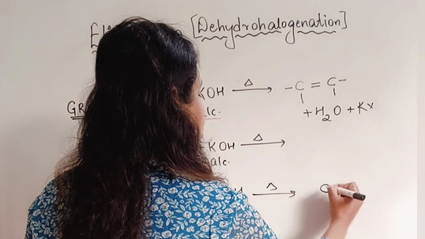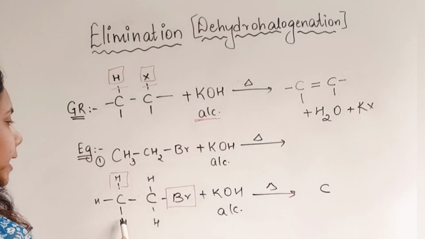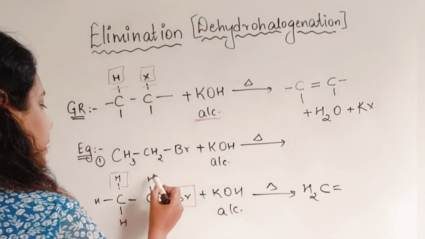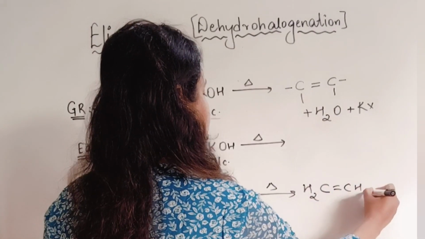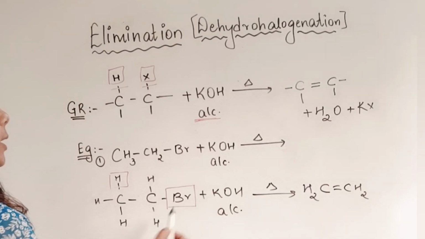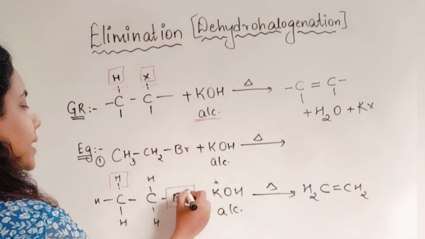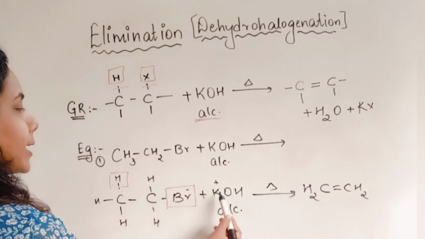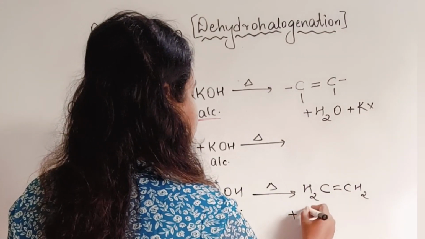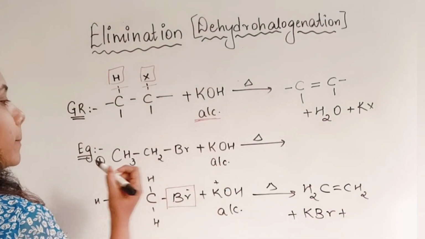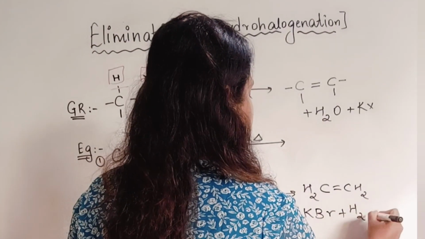So I am going to write this as CH2 double bond CH2. This is the major product. K will take up Br. Since K is plus and Br is minus, opposites will attract. So K will take up Br to form KBr, and then OH will take up H in order to form H2O.